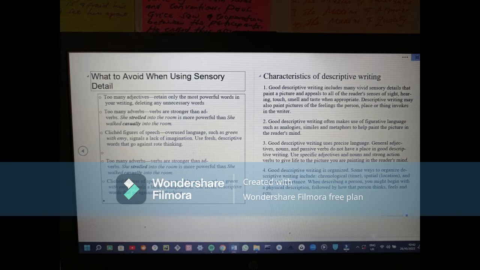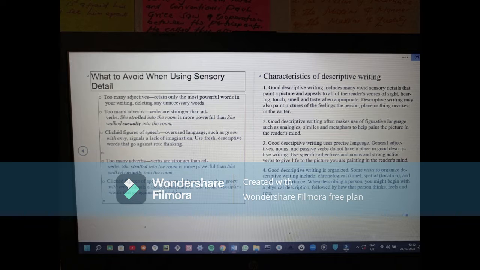So another important aspect that we should look at in descriptive writing is, as I mentioned, the text must be brought to the fore, the sight must be there, touch and all that. So sensory details. Sensory description uses sight, sound, smell, touch, and taste to sketch an impression in writing.